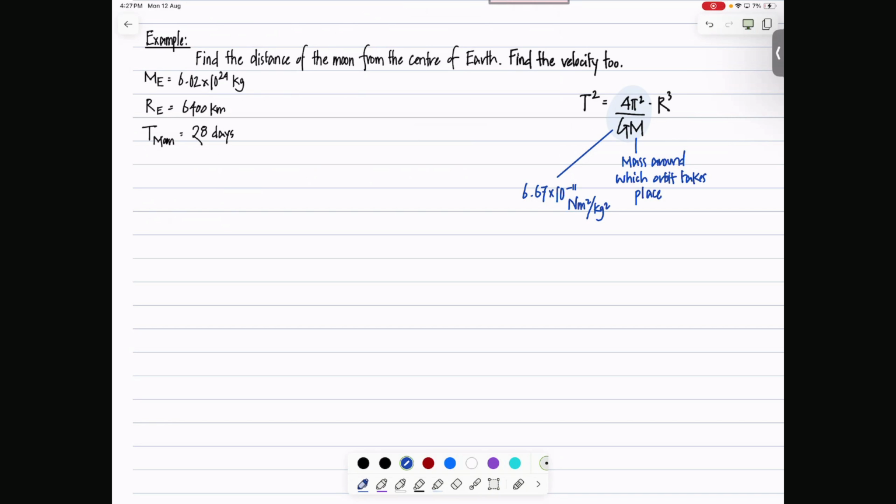Kilometers or meters? How much? That's something like 29 kilometers. 39 kilometers. 10 to the power 3.